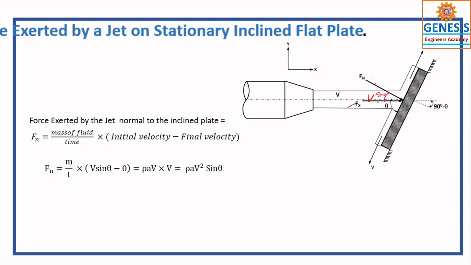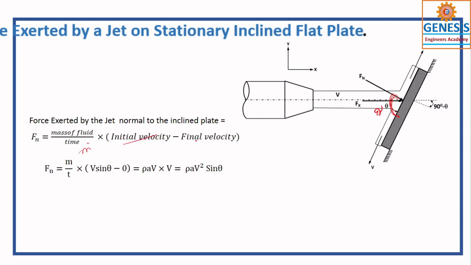Now our task is to first find out the force striking the plate normal to the plane, first thing. So the opposite angles are 90 minus theta, that you know very well. So now Fn, that is normal to the plate. What is normal? 90 degrees to the plate. So this direction is 90, that is called normal.